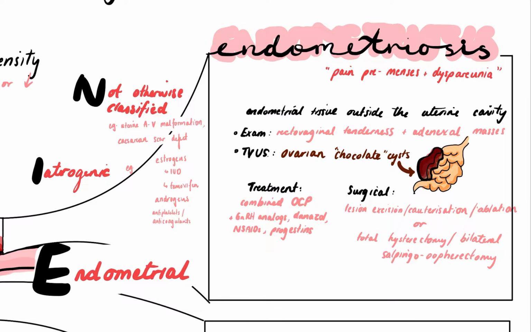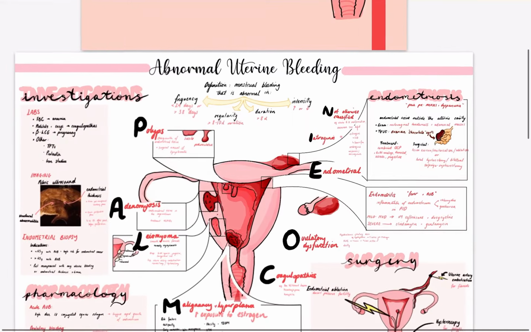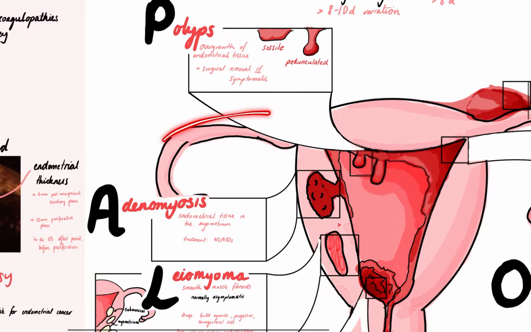Starting off with endometriosis, it is defined as endometrial tissue that's growing outside the uterine cavity. Instead of remaining inside, where it's supposed to be, providing nutrients and blood to the developing fetus, it can grow anywhere along the adnexa, so along the fallopian tubes.